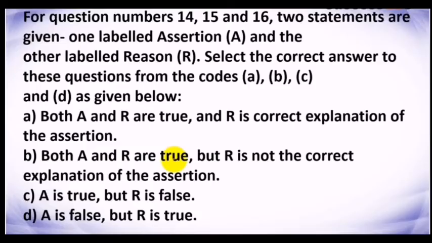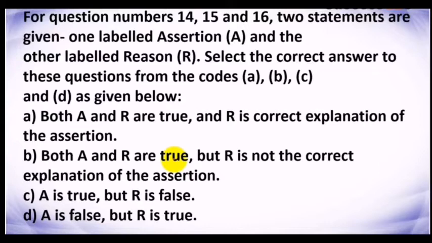In section A itself, question number 14, 15 and 16, two statements are given. One is an assertion and one statement is the reason for that assertion. Assertion means a fact. And 4 options will be given. Option A, both assertion and reason are true and reason is the correct explanation for assertion. Option B, both assertion and reason are true but reason is not the correct explanation of the assertion.